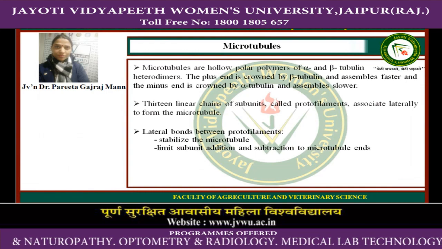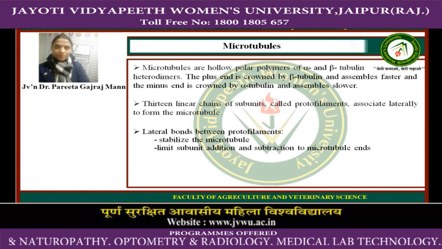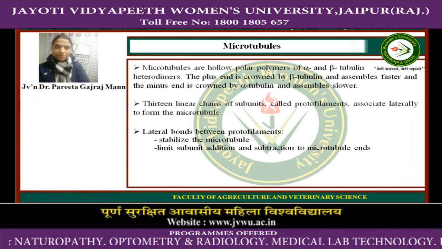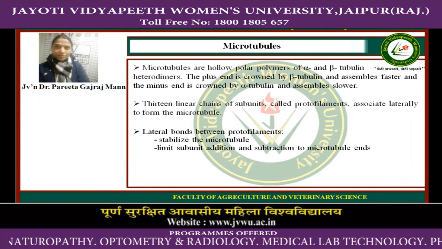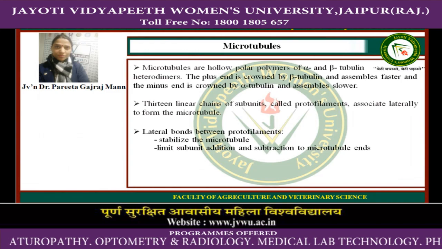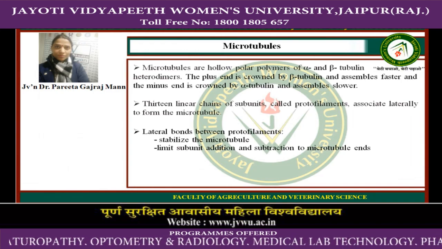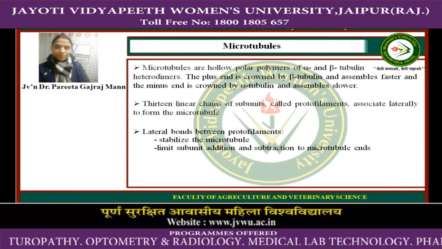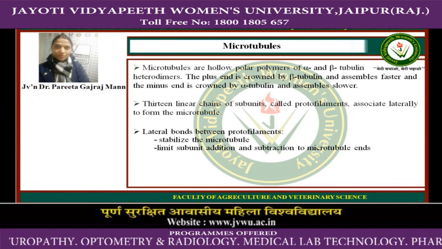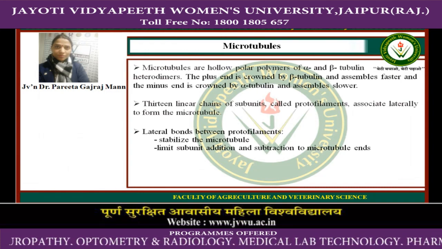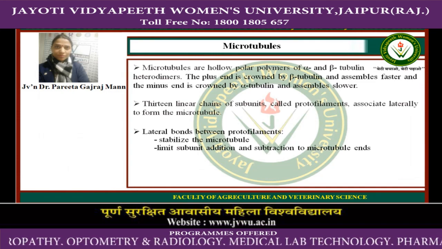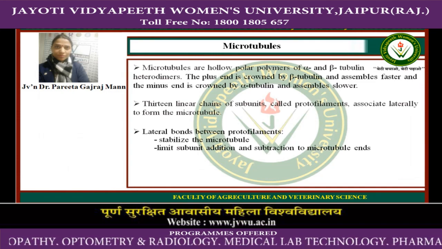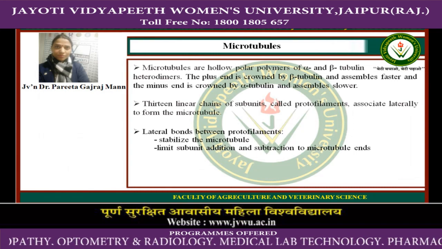Structure-wise, microtubules are polar polymers of alpha and beta tubulin. This is a heterodimeric protein made of two different kinds of tubulins, alpha and beta. The plus end is crowned by beta tubulin and assembles faster, whereas the minus end is crowned by alpha tubulin and assembles slower compared to the plus end.